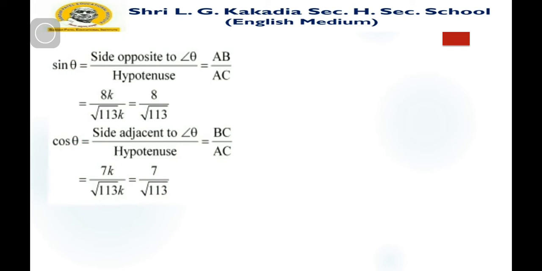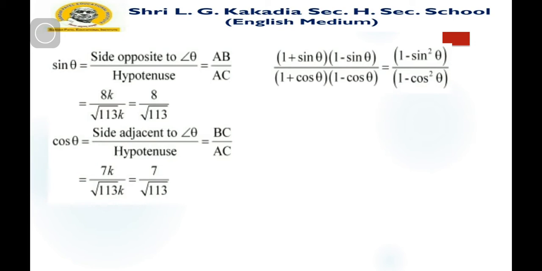Now putting these values in the expression, we get 1 plus sin theta into 1 minus sin theta upon 1 plus cos theta into 1 minus cos theta. Now you know that a plus b times a minus b is a square minus b square. In this manner, we get 1 minus sin square theta upon 1 minus cos square theta.